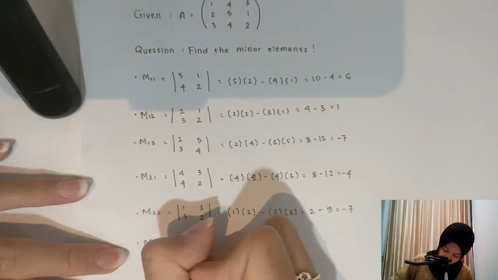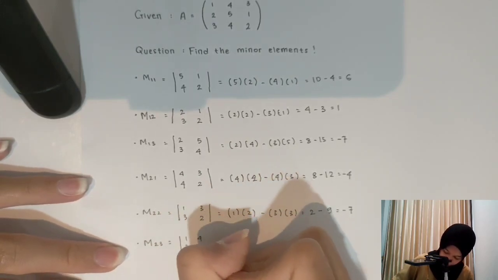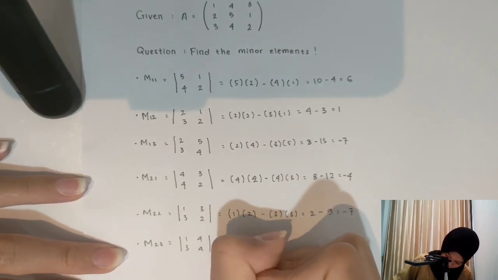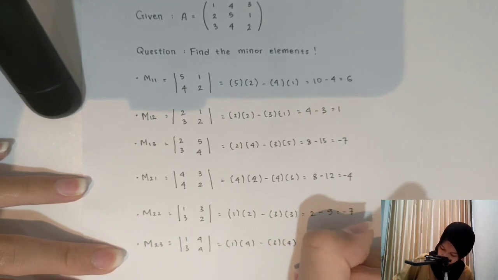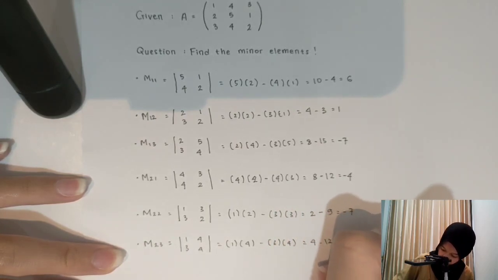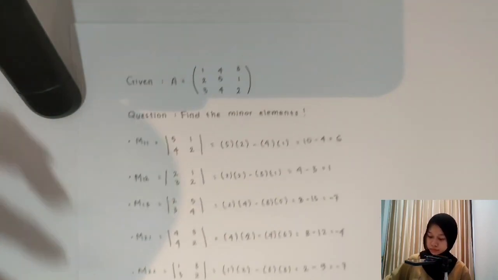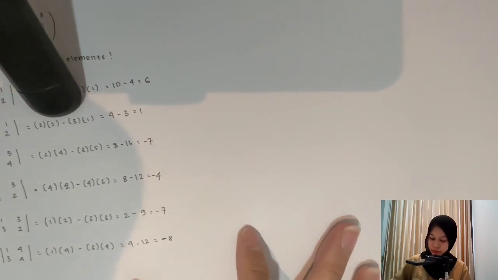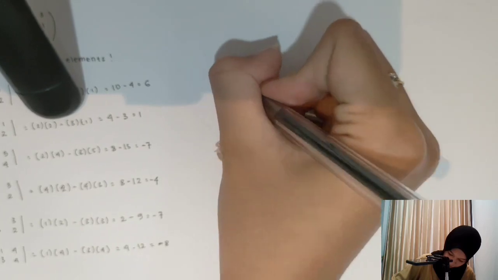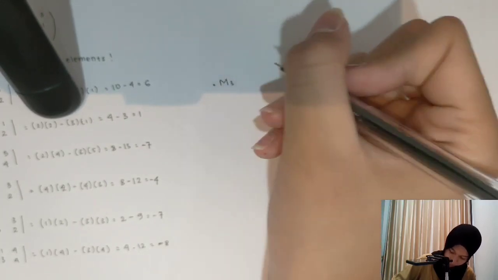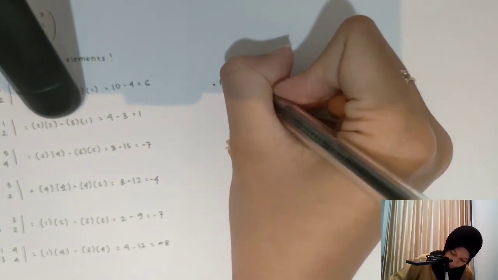Row 2, column 3. And then next, minor row 3, column 1.